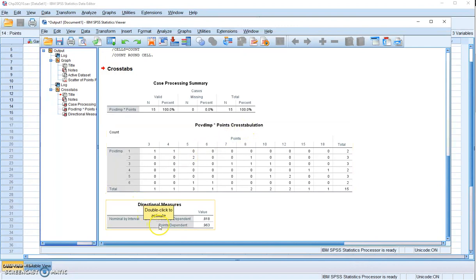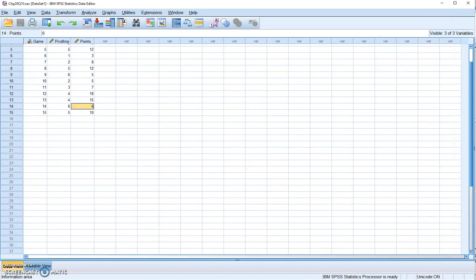So when you have points as the dependent variable, the Eta is 0.963. The Eta coefficient as a measure of nonlinear relationship can be used to measure the nonlinear relationship between two continuous variables, or between one ranked variable versus a continuous variable.